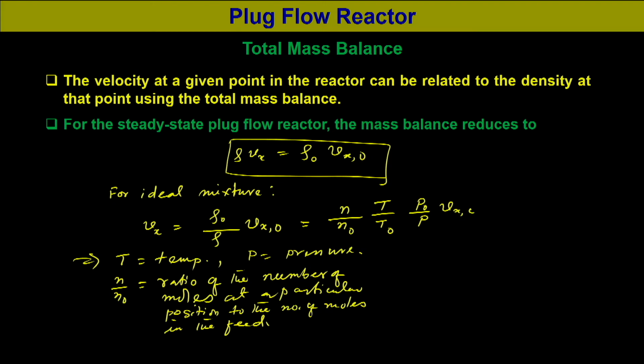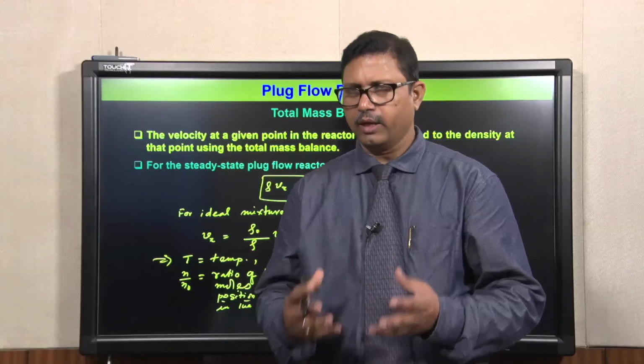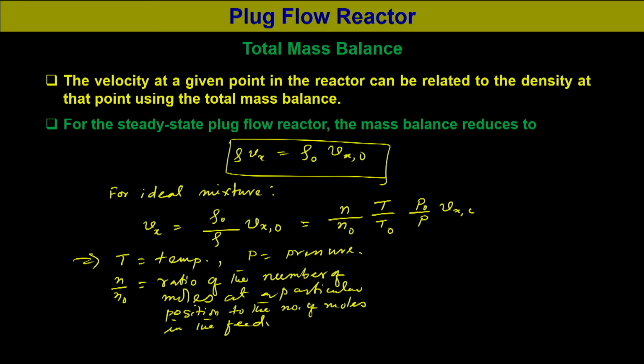Now, the most direct measure for the reactor capability to carry out the reaction can be obtained using the local residence time based on the inlet conditions or the inlet flow rate and the reactor volume. So, we can write tau is equal to L by Vx naught, which is equal to V by Q naught.